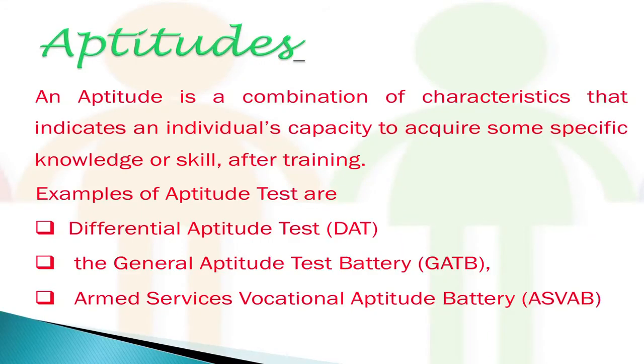Aptitude is expressed in interest and is reflected in current performance, which is expected to improve over time with training. Several aptitude test batteries have been developed, such as Differential Aptitude Test (DAT), the General Aptitude Test Battery, that is GATB, Armed Services Vocational Aptitude Battery (ASVAB), to name a few.